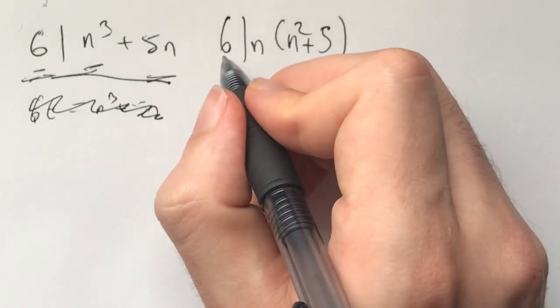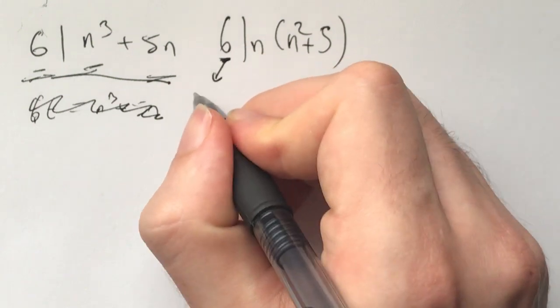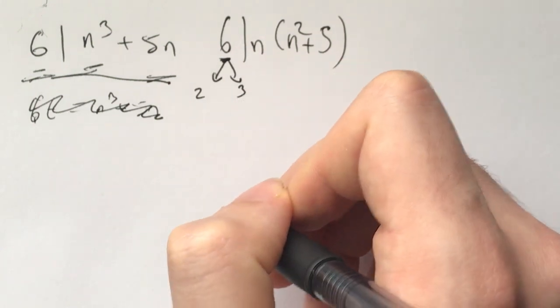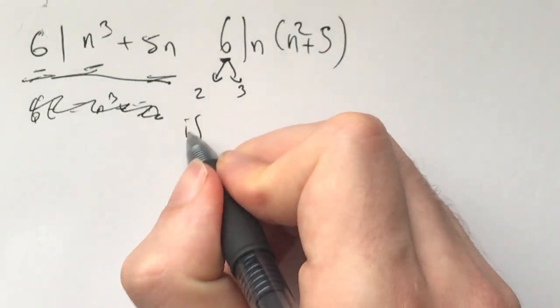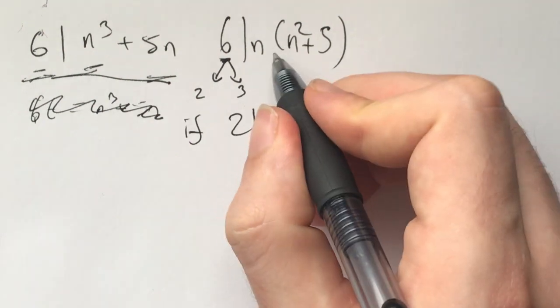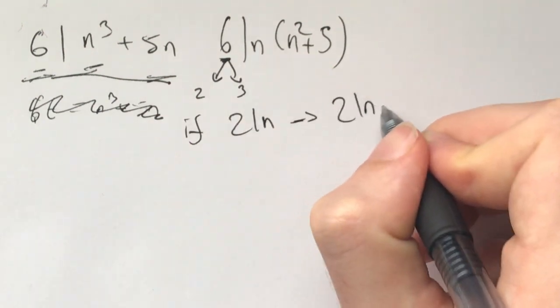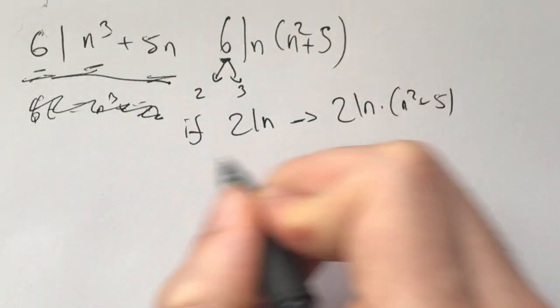And what I need to do to prove something is divisible by 6, it needs to be divisible by 2 and 3. Is this divisible by 2? How can I prove that? Well, I can look at the cases. If 2 divides n, then 2 divides n times n squared plus 5.